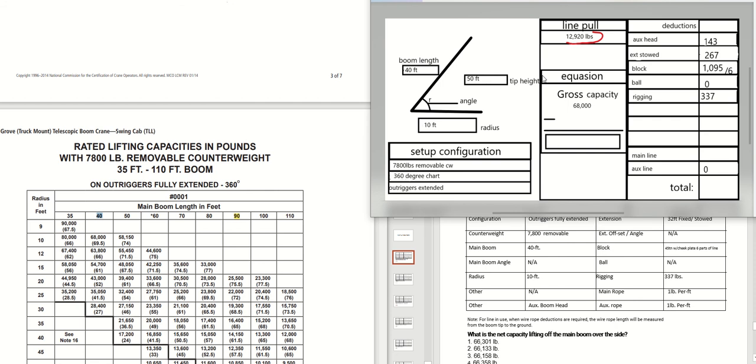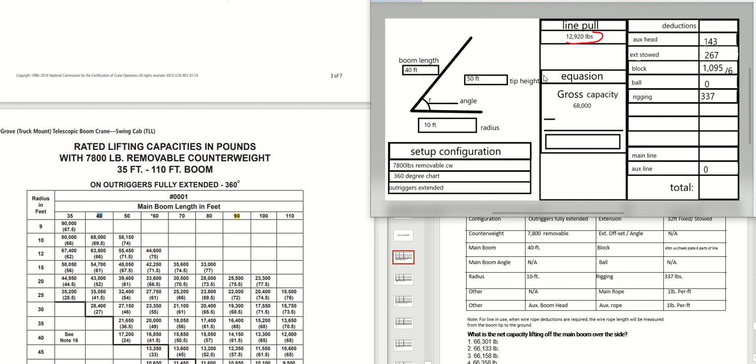If you're past 5.0, then you round up. If you're 5.01, you round up to 6. It's always going to be rounded up because you need that 6-part line to make that pick. Anything over a whole part of line, you need the next part to make that pick. So if you have 6.1, you need 7 parts of line to make that pick.